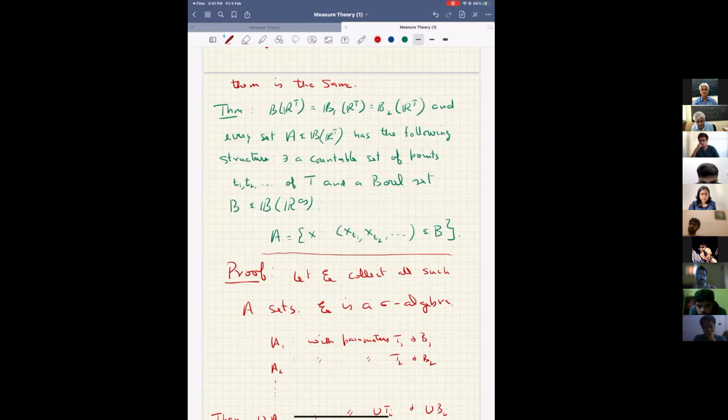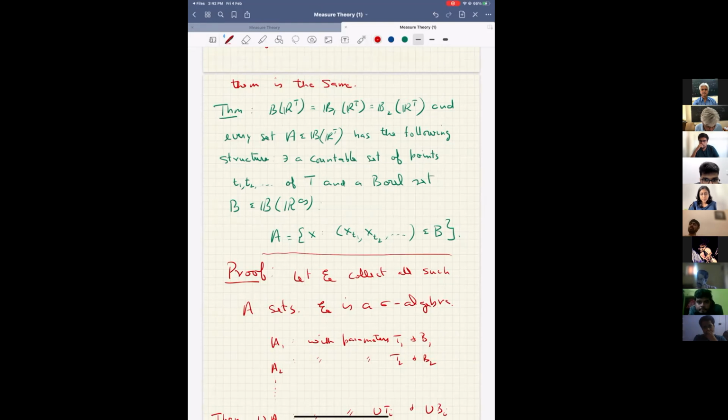So in particular, the B(R^infinity) corresponding to these indices also belongs to my big sigma algebra B(R^T). But this A belongs to that B(R^infinity). Can you repeat this again? I didn't get it. No, I'm just saying, let's look at what this set is. This is x_t1, x_t2, all of these belonging to set B, where B belongs to B(R^infinity).